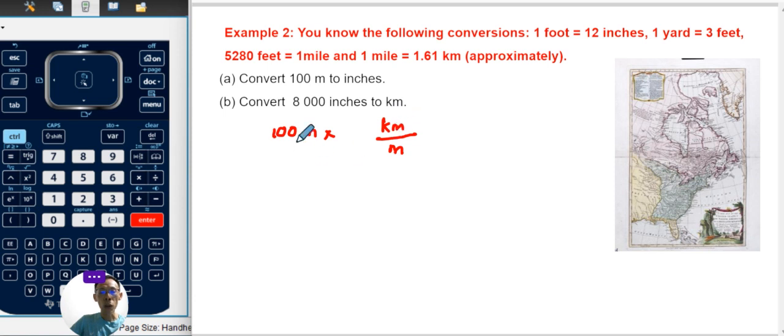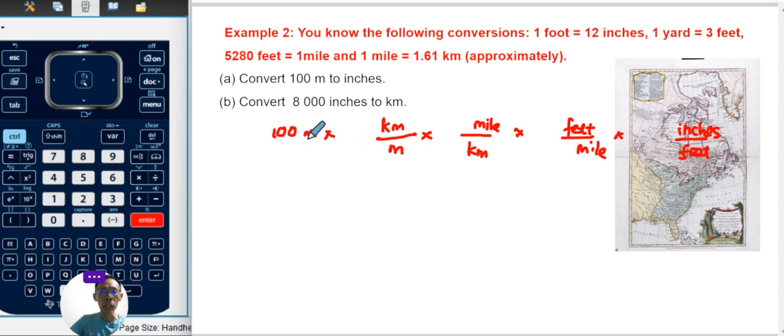So first I need to transform the meter to kilometer, and then after that, kilometer to mile, and then mile I need to go to feet, and then feet to inches. So if you think about cancel, kilometer cancels kilometer, meter and meter cancel, mile and mile cancel, feet and feet cancel, and then inches is left.